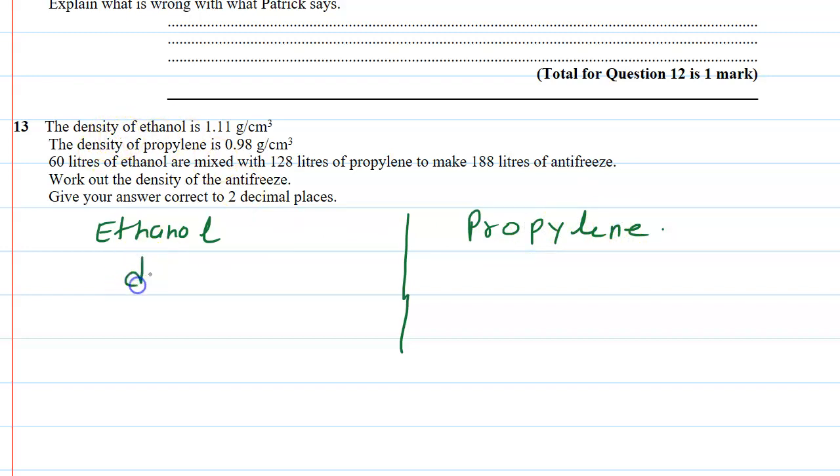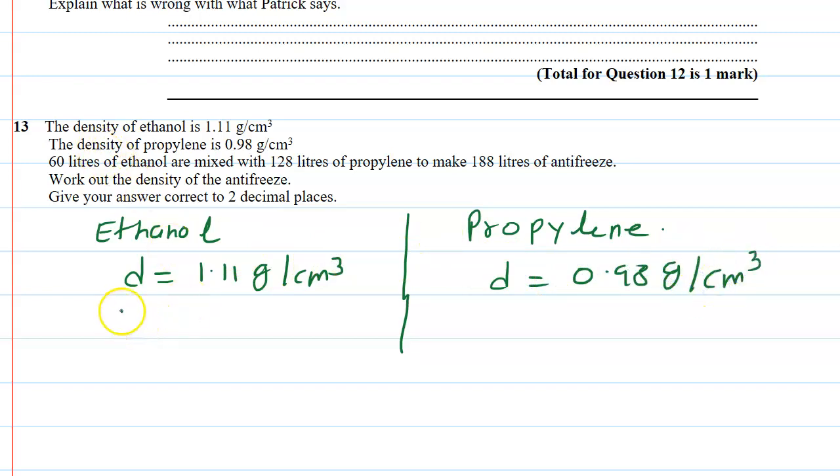Density here D is given 1.11 gram per centimeter cube, and density here given 0.98 gram per centimeter cube. Here volume is given 60 liter of ethanol, and here volume is given 128 liter of propylene to make 188 liter of antifreeze. That is together volume.